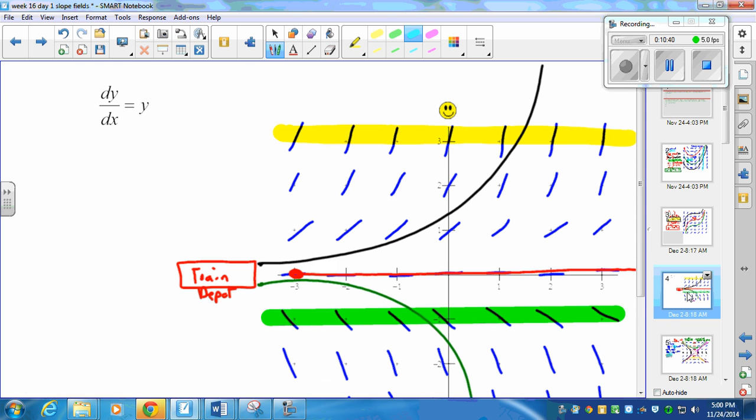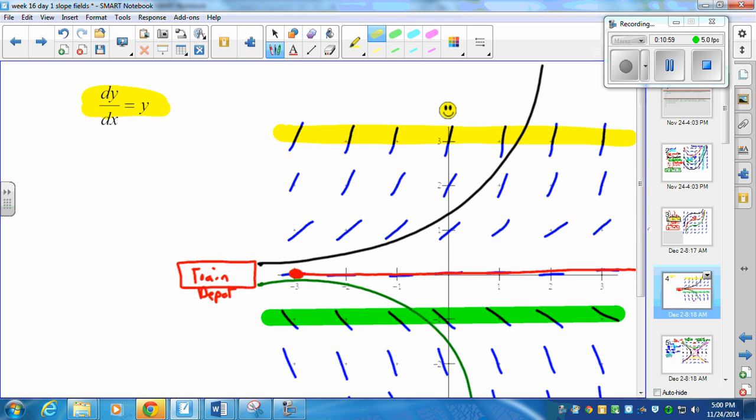Here, on a horizontal line, who changes? The x's change, but the y's stay the same. And since my function is only in terms of y, everywhere on that horizontal line is the same. Sorry if I mumbled that.